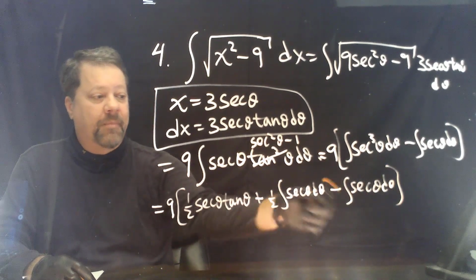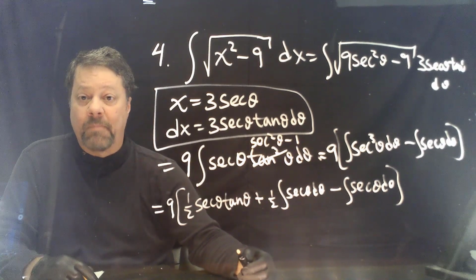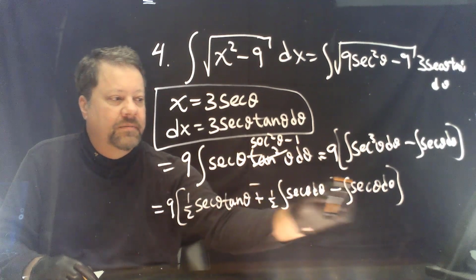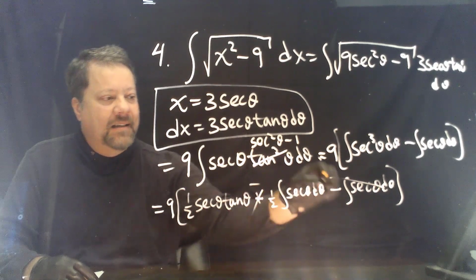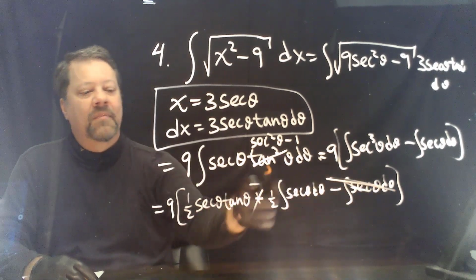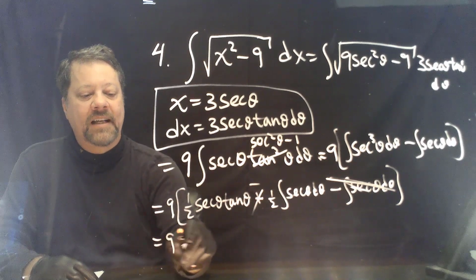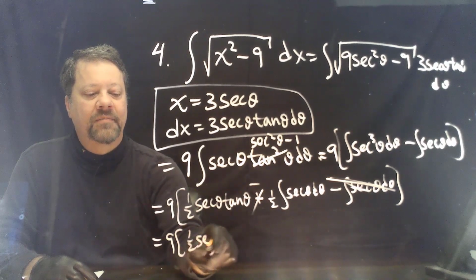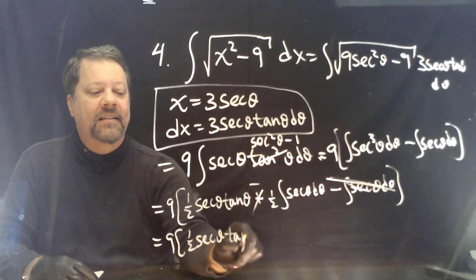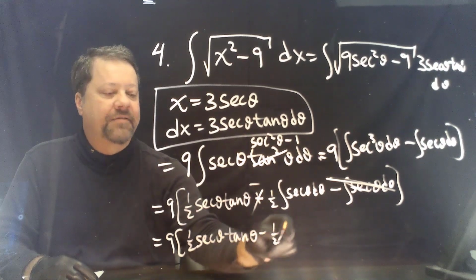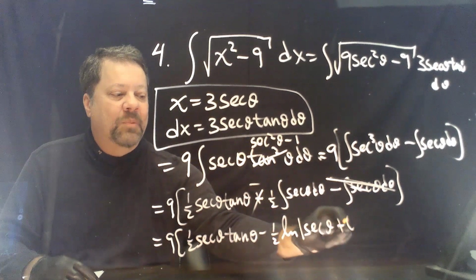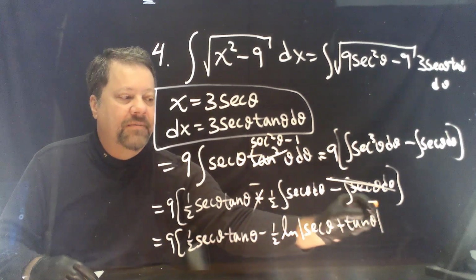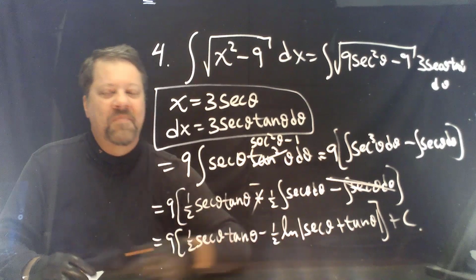Well, 1/2 of them minus one of them leaves you with minus 1/2 of them. So we'll get rid of the plus and replace that with a minus and get rid of the last integral. We'll have 9 times 1/2 secant theta tangent theta minus 1/2 log absolute value secant theta plus tangent theta plus c.